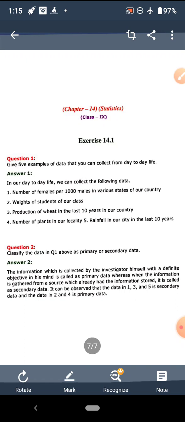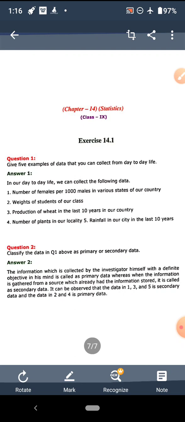Number of females per 1000, production of wheat in the last 10 years, and the rainfall in our city in the last 10 years will be collected from the government records, and weight of students and the number of plants in our locality we can do by ourselves. So these are the examples of primary data. If we are collecting by ourselves, it is called primary data. If someone else is collecting for us, it is called secondary data.